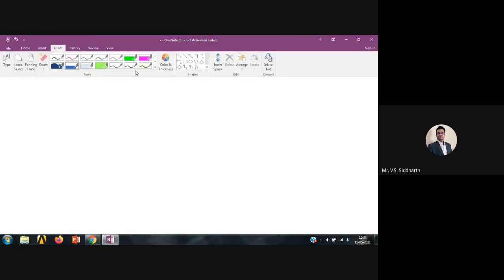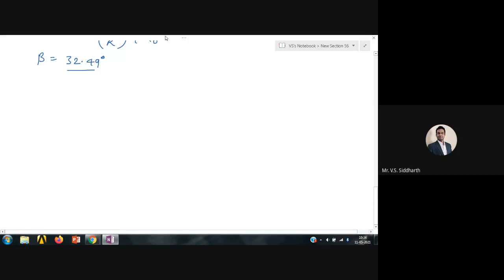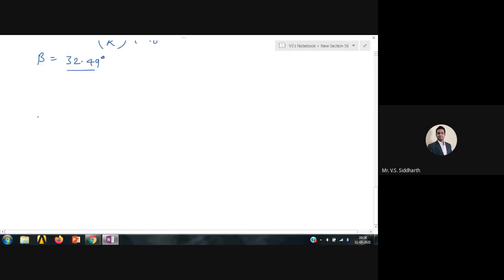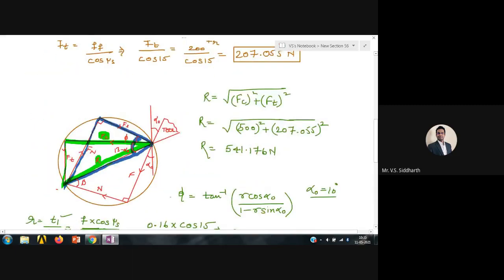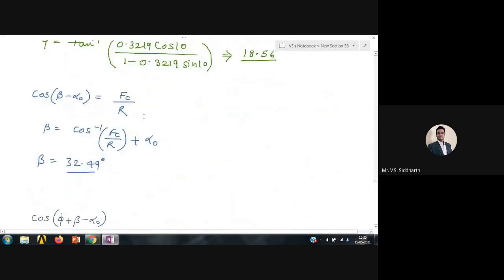Say yes or no. cos(phi plus beta minus alpha naught). See, the overall angle will be phi plus beta minus alpha naught. So cos(phi plus beta minus alpha naught) equals Fs by R. Yes or no?